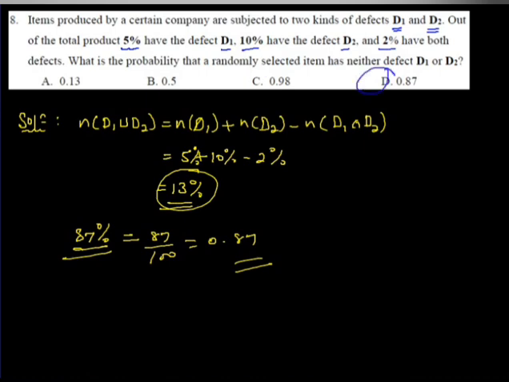In how many more ways can 4 people be arranged in a row than if they were arranged in a circle? Here, there is a formula for any arrangement in a row and in a circle.